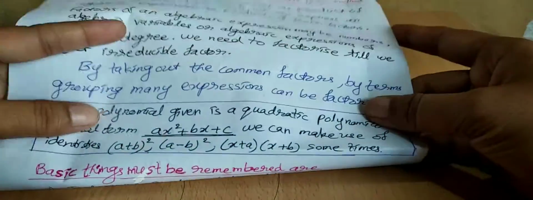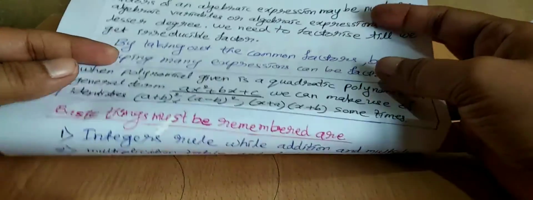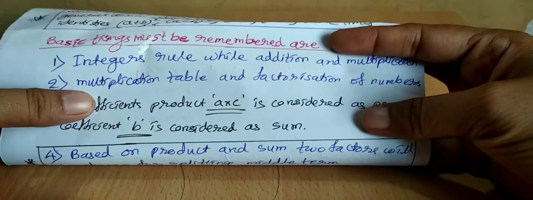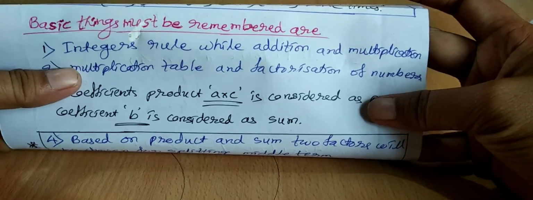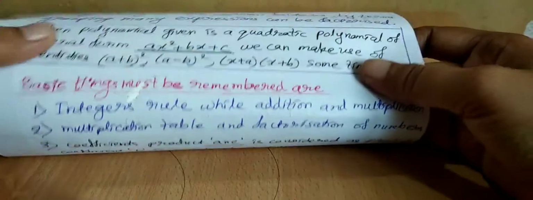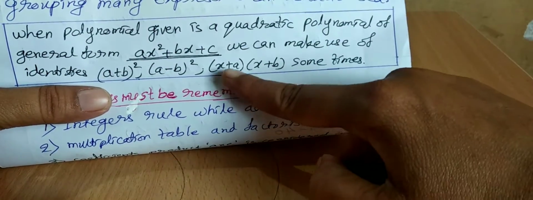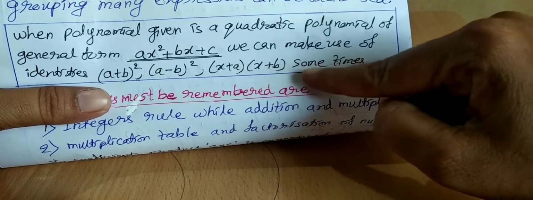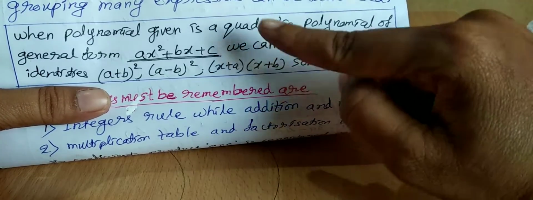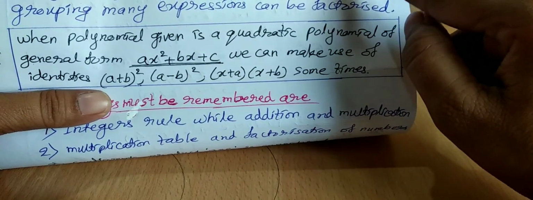To learn how to split the middle term and factorize, we have to remember some basic things. Which are those basic things? (x + a)(x + b) is x² + x(a + b) + ab.